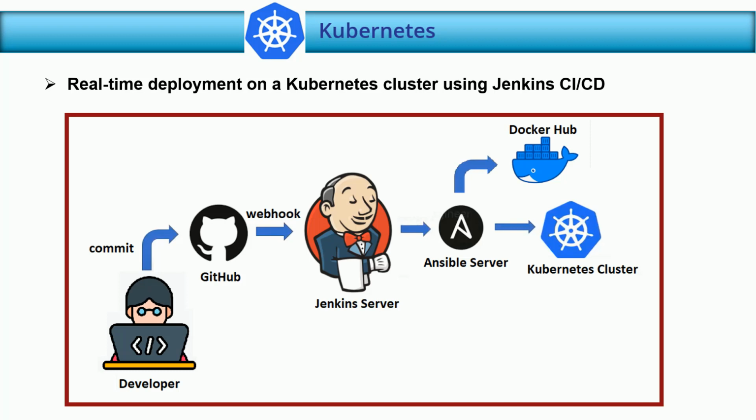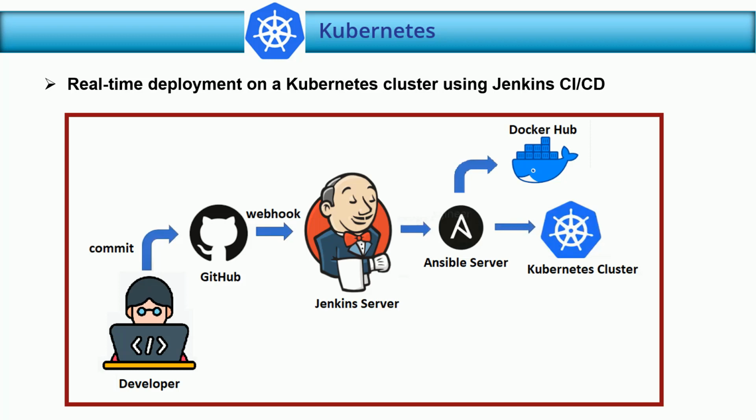And at the last, we need to execute your Ansible playbook. And in the Ansible playbook, we need to specify where this playbook is going to be executed. So here I want this playbook to be executed from your Ansible server to the Kubernetes cluster. And in the Kubernetes cluster, we have created our deployment file and the service file.